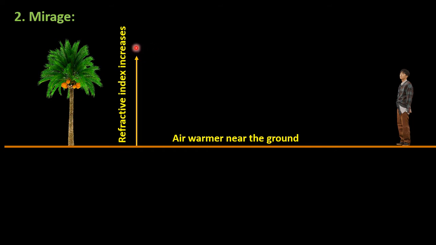Here is the air medium. The refractive index of the air near the ground will be low, and it will increase as we move upward. Then the ray of light coming from the top of the tree will not follow the straight path but will be totally internally reflected in a U shape, and will enter the eye of this boy.